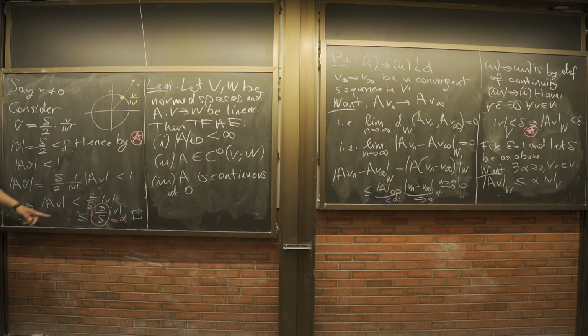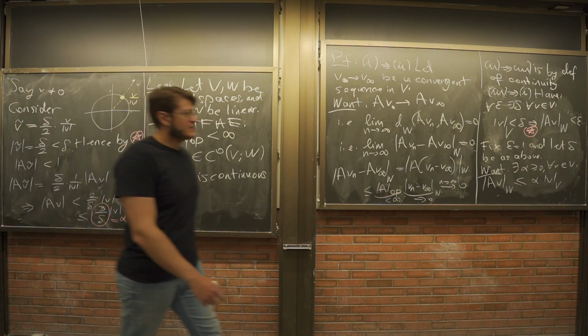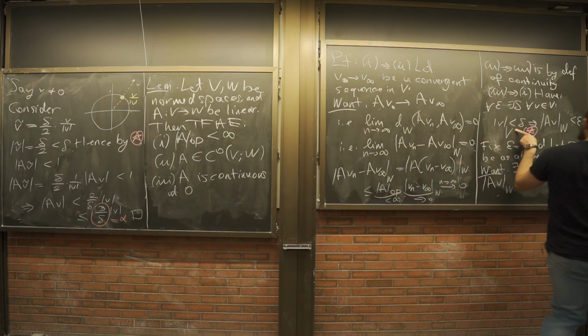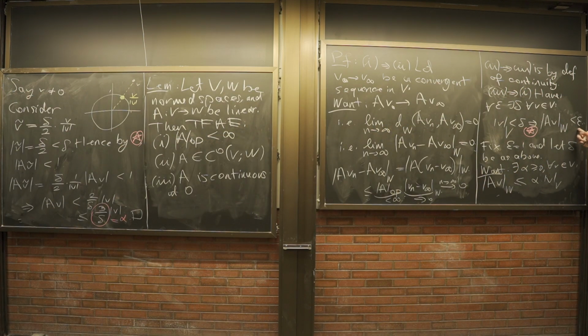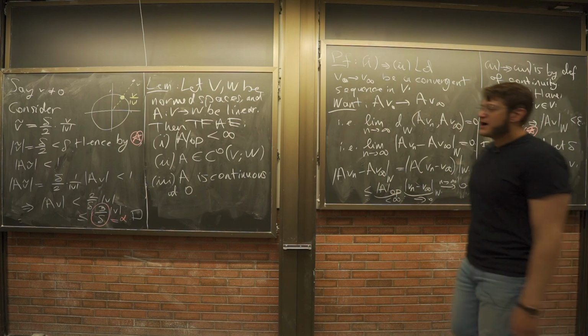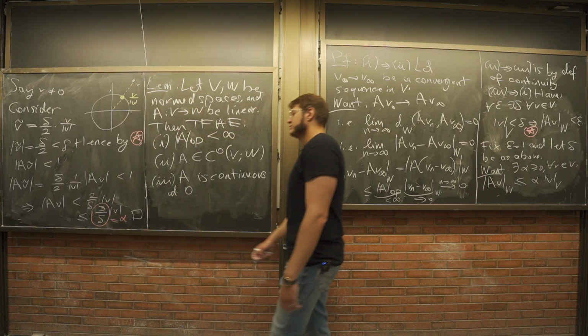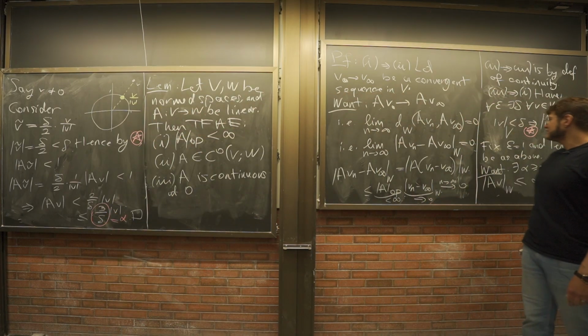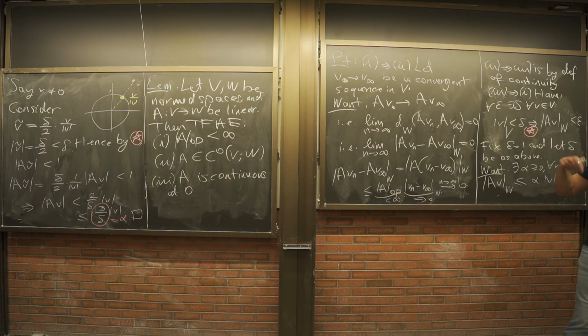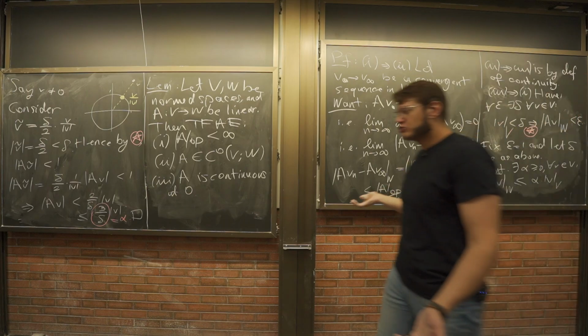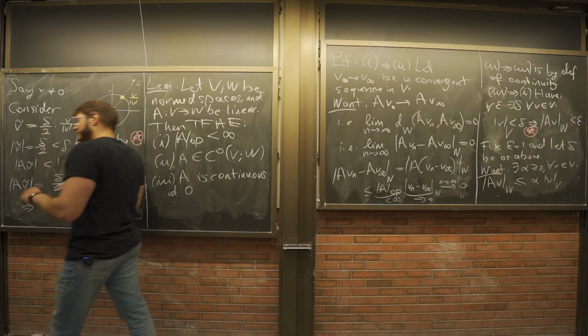So 3 over delta, where delta is the delta that works for epsilon equals 1, is a possible choice for alpha. In particular, what this says is that the operator norm of A is bounded from above by 3 over delta. Of course, quite possibly, this is a bad bound, because delta heuristically is a small number, which means 1 over delta is a very large number. So it's not a good bound, but it's a bound. It's a finite number.